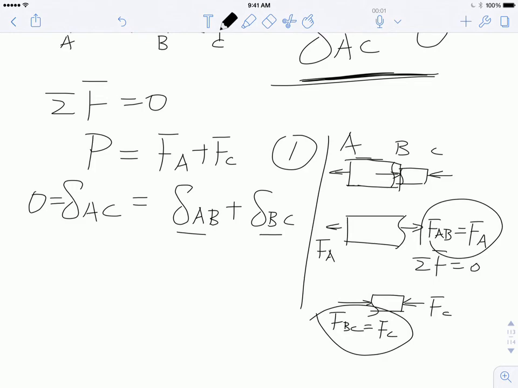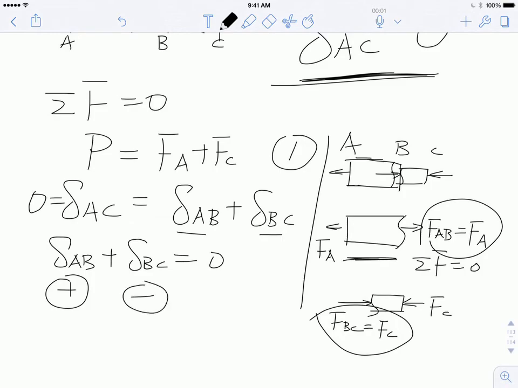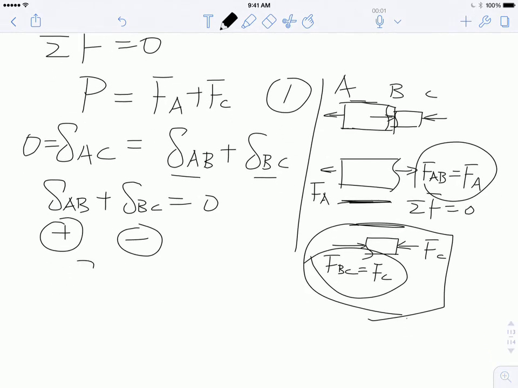Now, like I mentioned, delta AB plus delta BC is 0. This is a positive displacement for AB, as you can see, under tension. And BC is a negative displacement, under compression. In other words, the absolute values of AB and BC have to be equal.